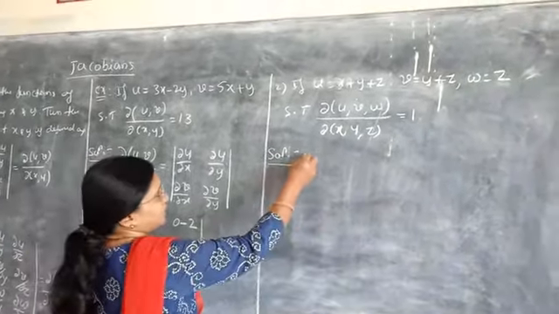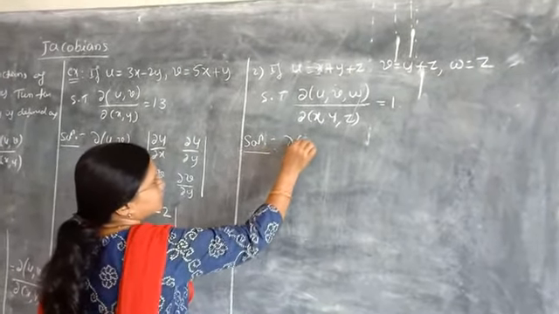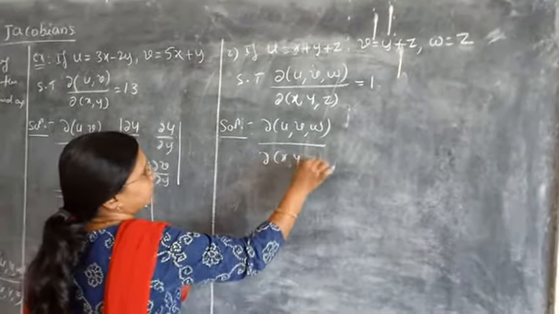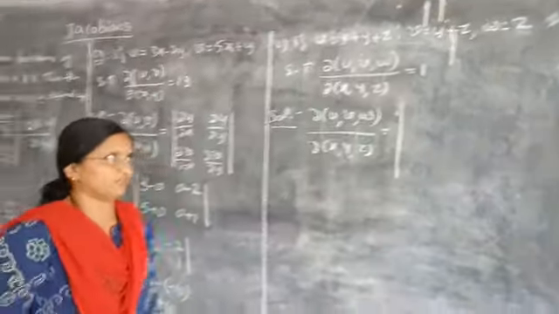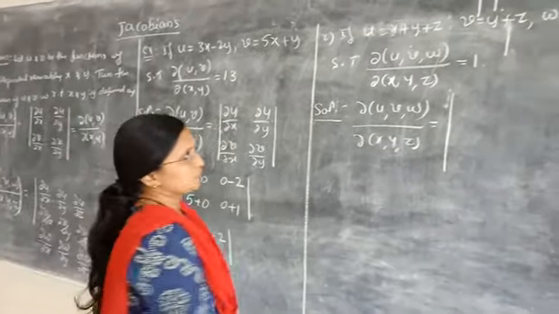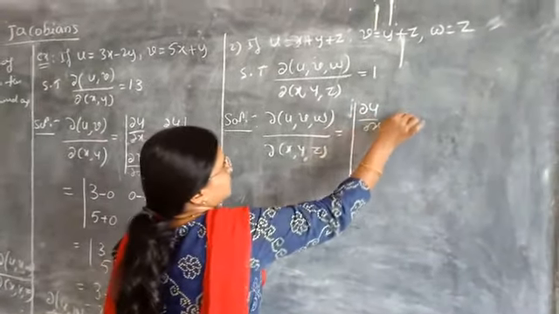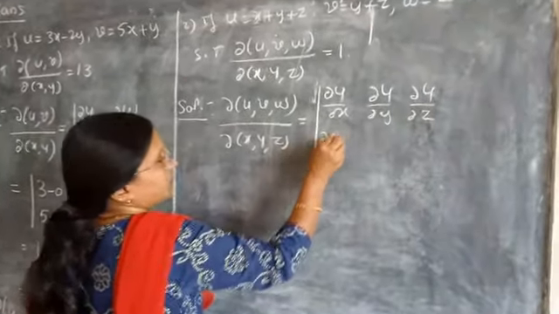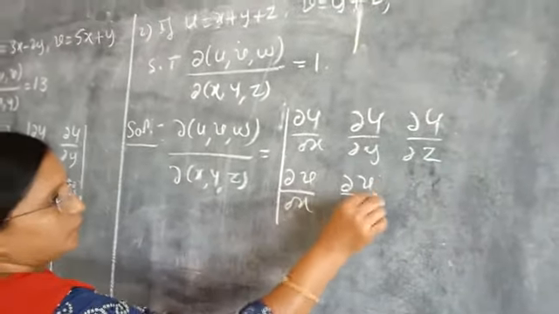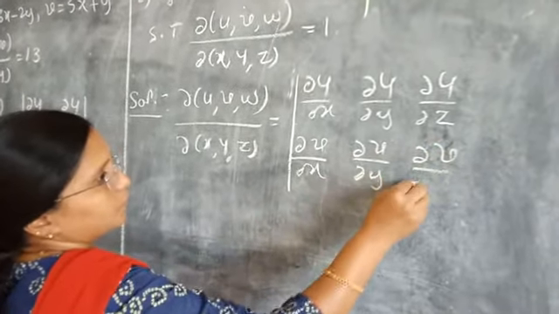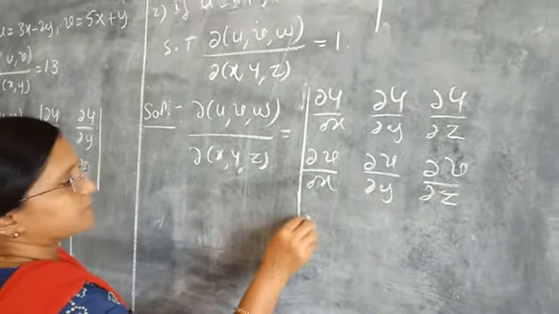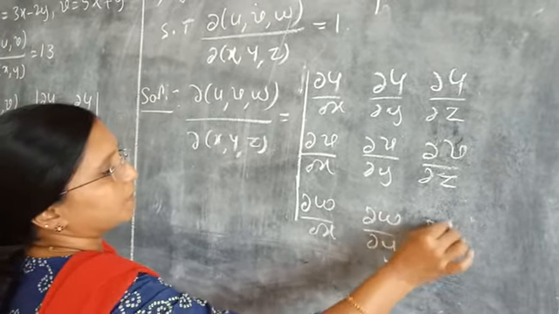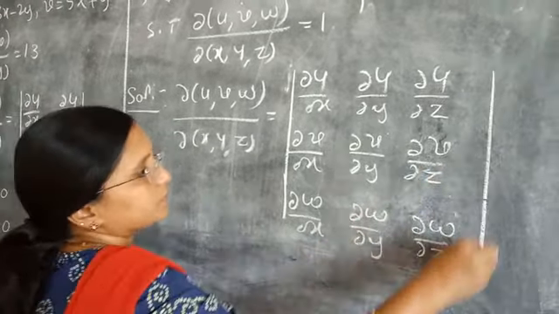So again from the definition of Jacobians, we have dou of u, v, w divided by dou of x, y, z is equal to, first writing the definition of this Jacobian, the determinant of dou u by dou x, dou u by dou y, dou u by dou z, dou v by dou x, dou v by dou y, dou v by dou z, and dou w by dou x, dou w by dou y, dou w by dou z.